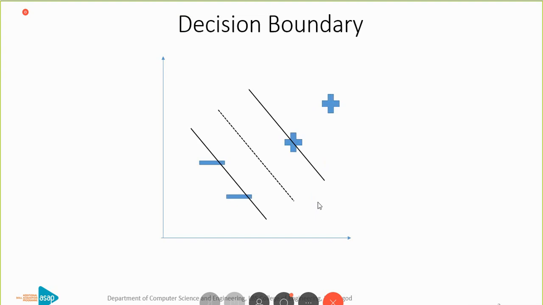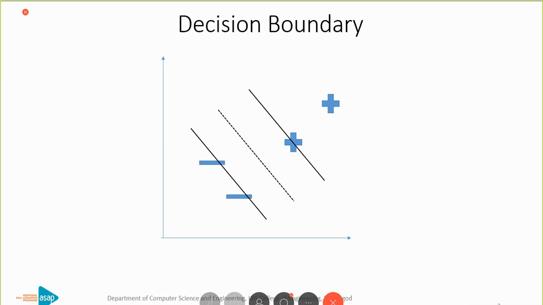So you can think of it as the widest street that separates these positive samples from the negative samples. This actually makes support vector machine differ from all other algorithms that you have learned so far. It is about the widest street that separates the positive samples from the negative samples.